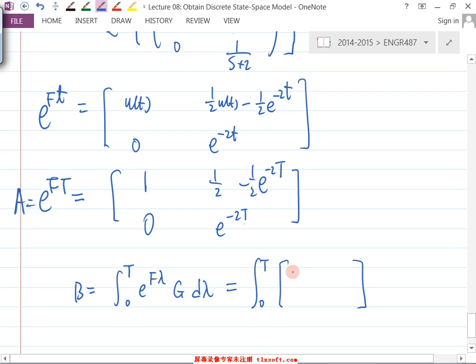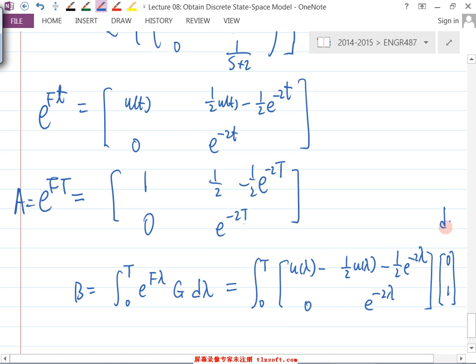So what do we got? U of lambda, minus 1/2 u of lambda, minus 1/2 e to the negative 2 lambda, 0, e to the negative 2 lambda, times the G matrix. What is the G matrix again? 0, 1, right? And then d lambda.